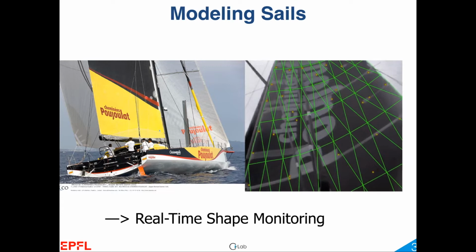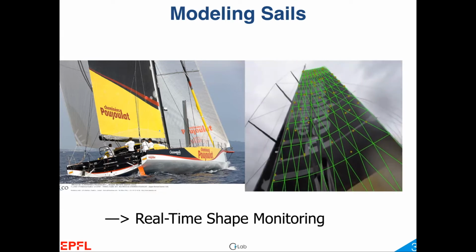So the idea was to track the motion of the sail and give indications to the sailor, and maybe at some point you could imagine a robotic sail that would trim itself. For many reasons, we weren't able to do this, but we've heard that Alinghi will sail again, and we would be very, very happy to be part of that particular game.